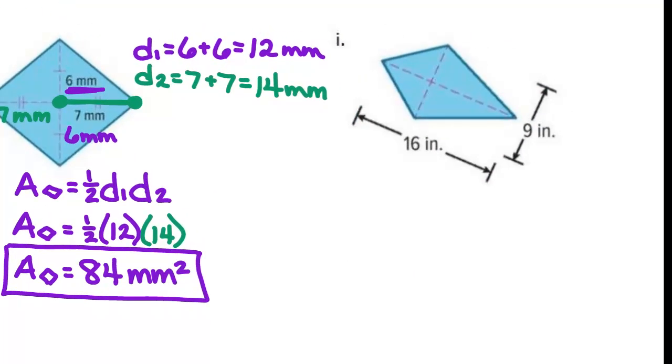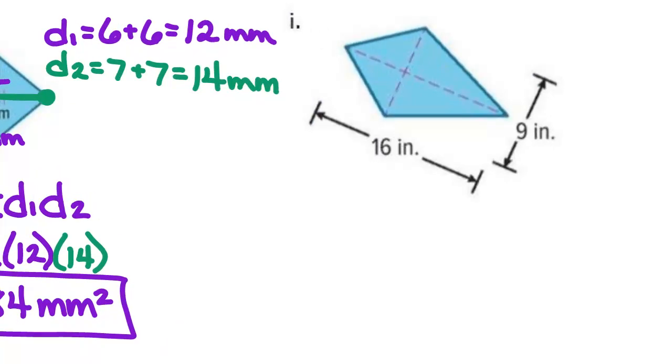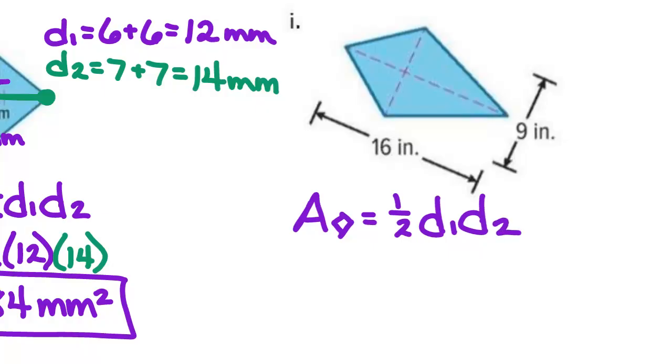All right. What kind of a shape do we have in I? A kite. What's our area formula for a kite? Same as the rhombus. 1/2 diagonal 1 times diagonal 2.